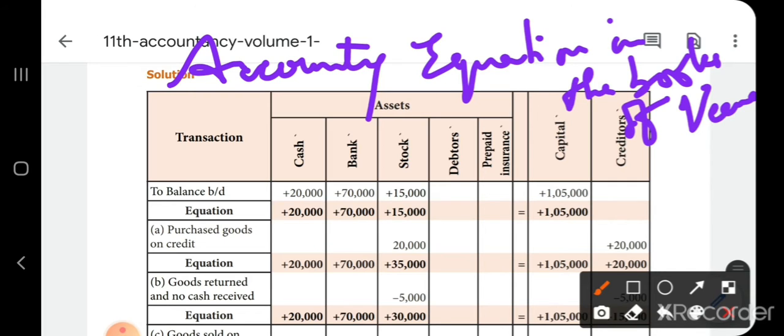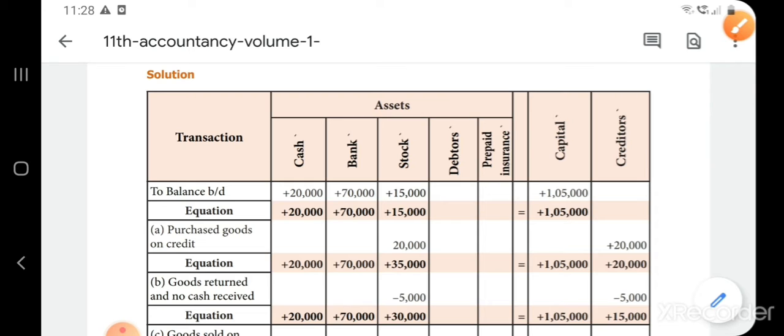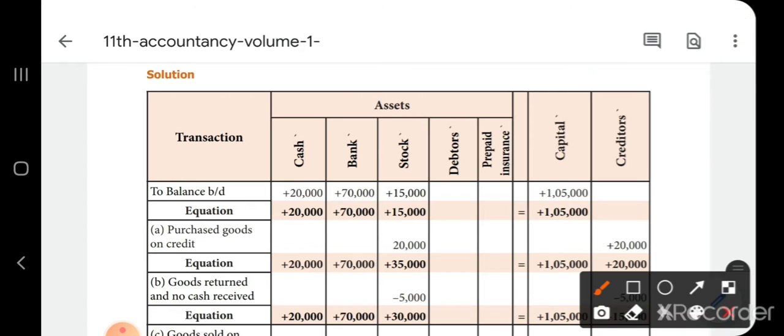The title should be given. Now draw the format and you will start like this: to balance brought down. Under the cash column you will write 20,000, bank column 70,000, and stock 15,000. So the total capital which Veena brings into the business is 20,000 plus 70,000 plus 15,000, that is 105,000. So this will be the capital of Veena.